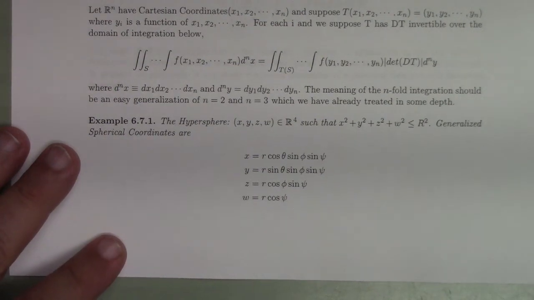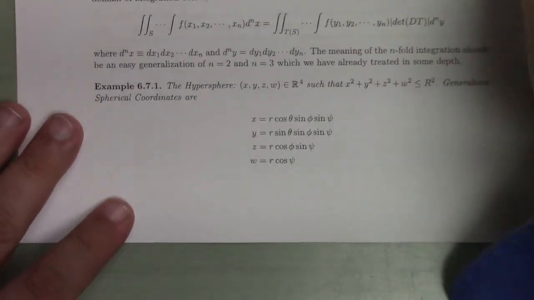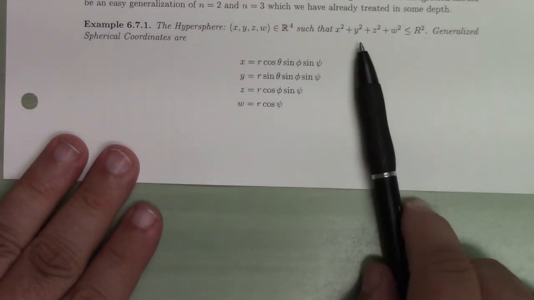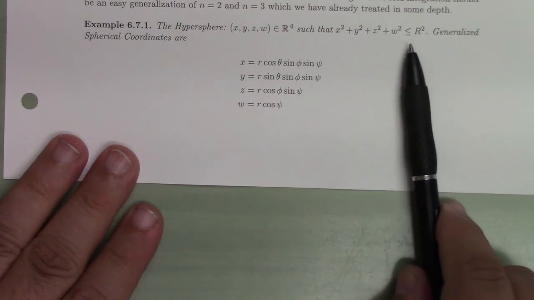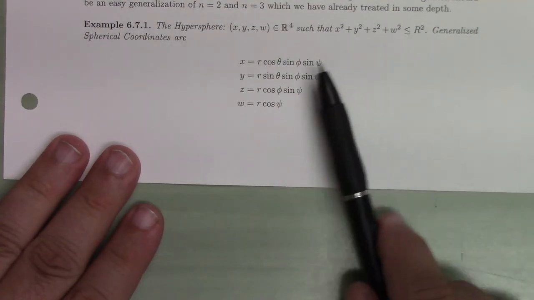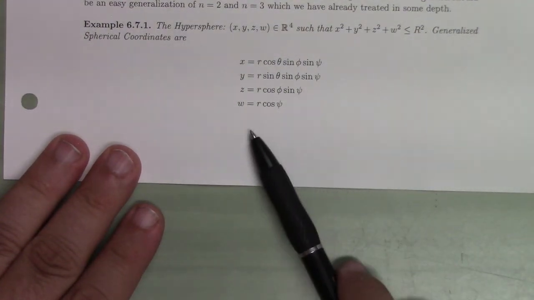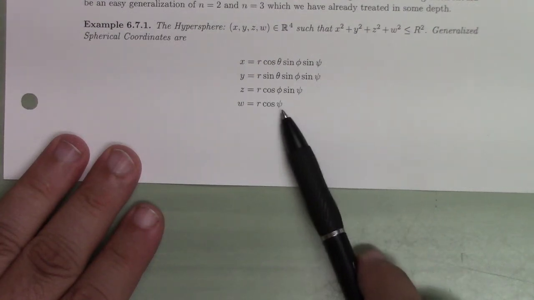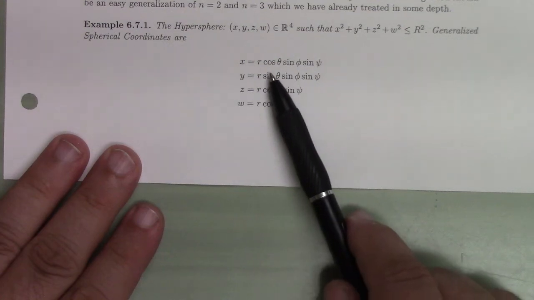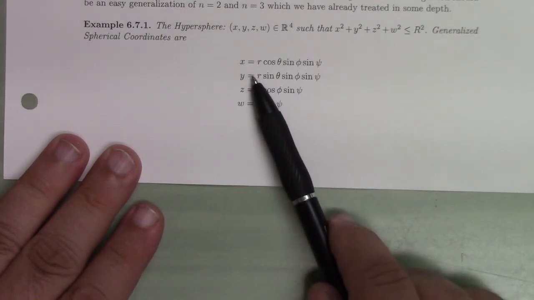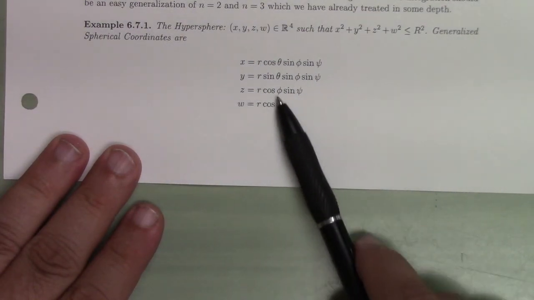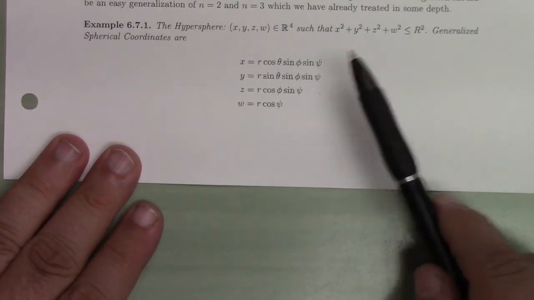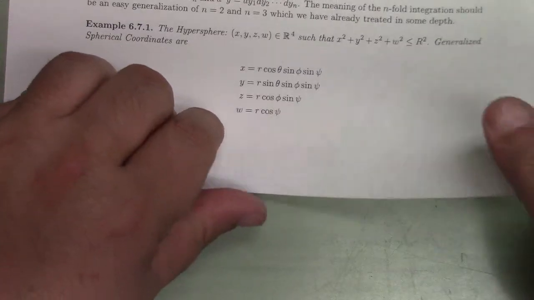And just to give you a flavor, if you wanted to calculate the volume of a hypersphere, in other words, x squared plus y squared plus z squared plus w squared less than or equal to r squared, you could introduce generalized spherical coordinates. So you have a phi and also a psi, and you can check that when you add x squared plus y squared plus z squared plus w squared, this works out to little r squared, because you get this stacking of sine squared plus cosine squared.